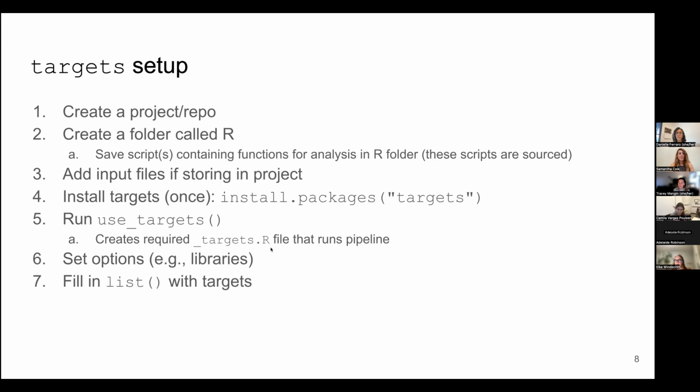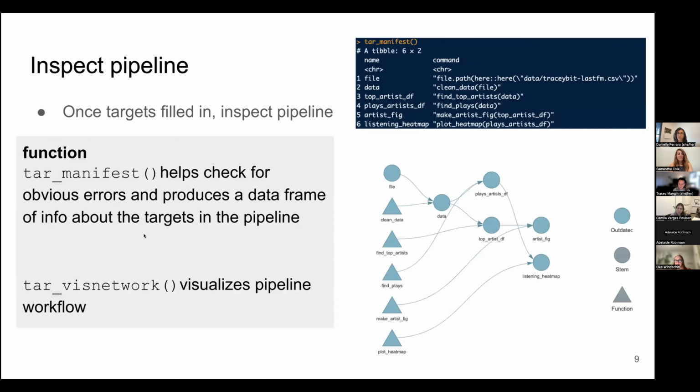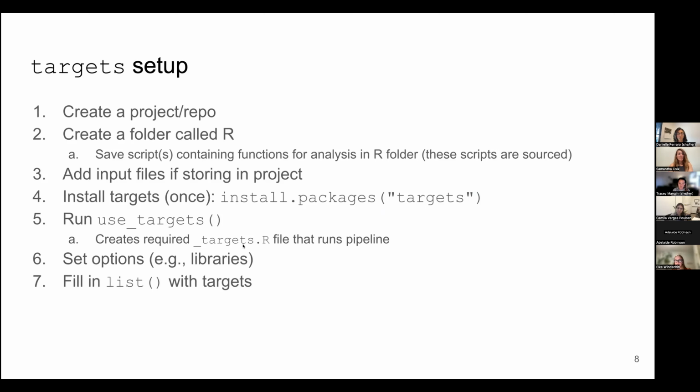It's nice because it sets it up for you. You set some options, and the one that I use mostly is which libraries I'll be using. And then you fill in the list, which is in this _targets.R file, with your targets. And I'll show this.